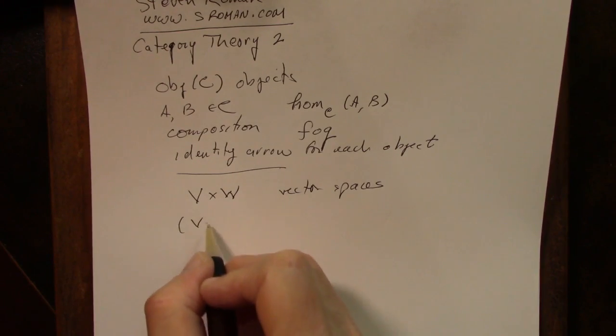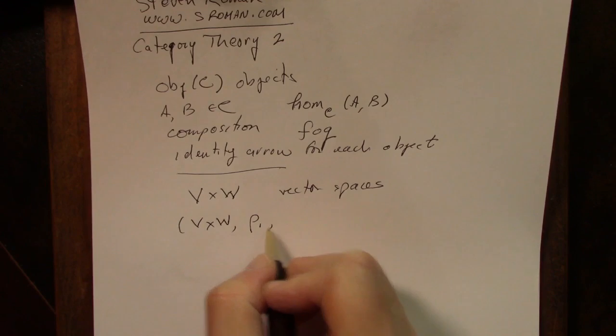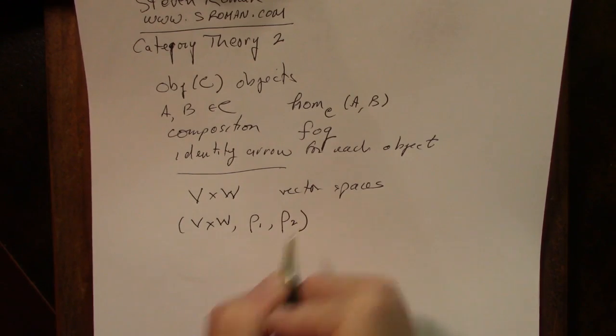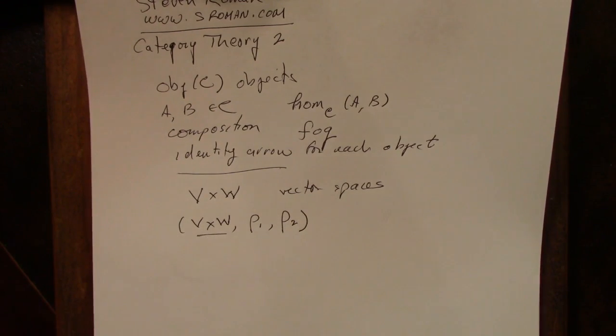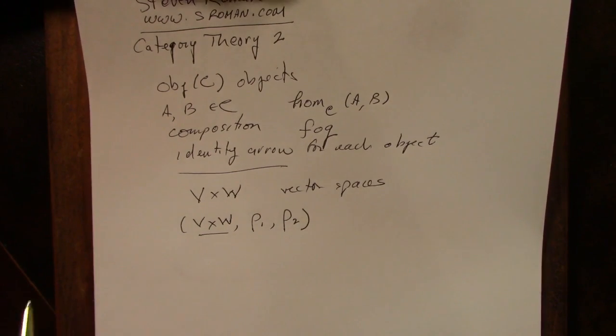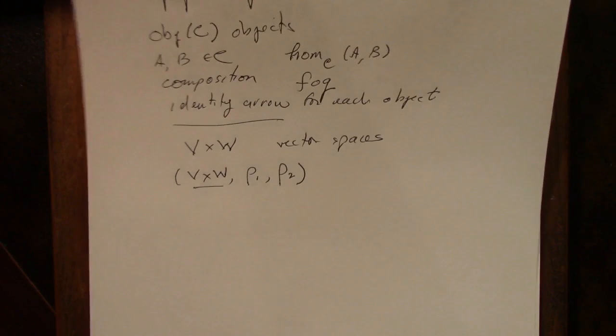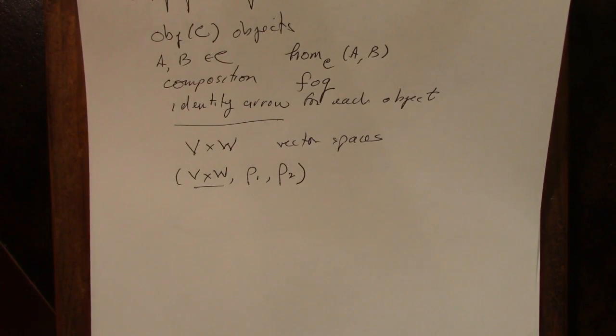So we defined a direct product as a triple (V × W, ρ1, ρ2), where V × W is the Cartesian product, and ρ1 and ρ2 are the respective projection maps. And we talked about the universal property that that triple has, and that is in fact the main characterizing property for direct products.